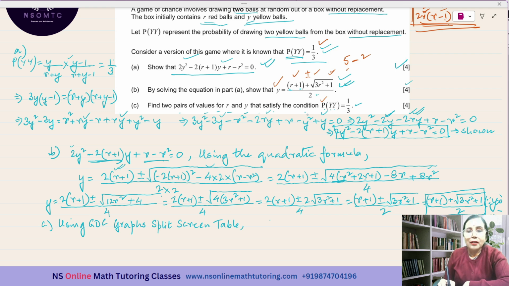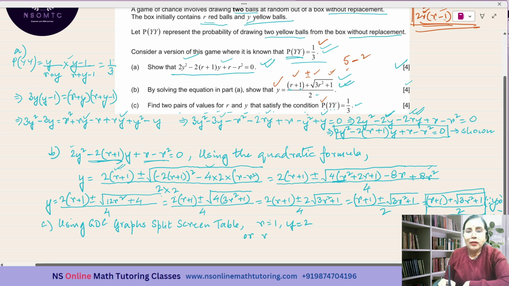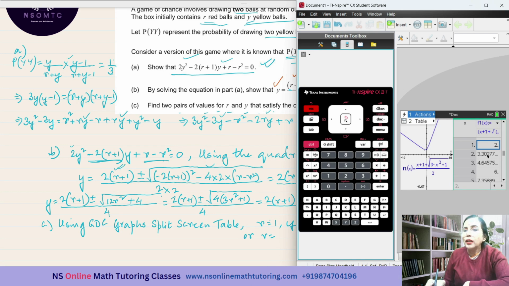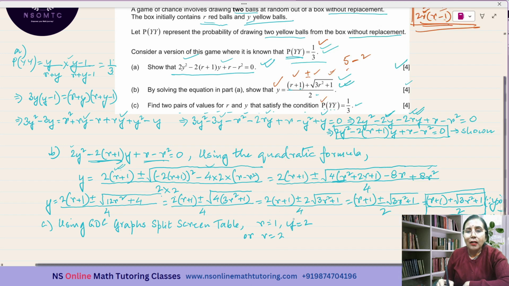One set is r is equal to 1, y is equal to 2, and the other is r is equal to 4 and y is equal to 6. Since r and y belong to the set of positive integers. Okay. This is the answer for the subpart C.